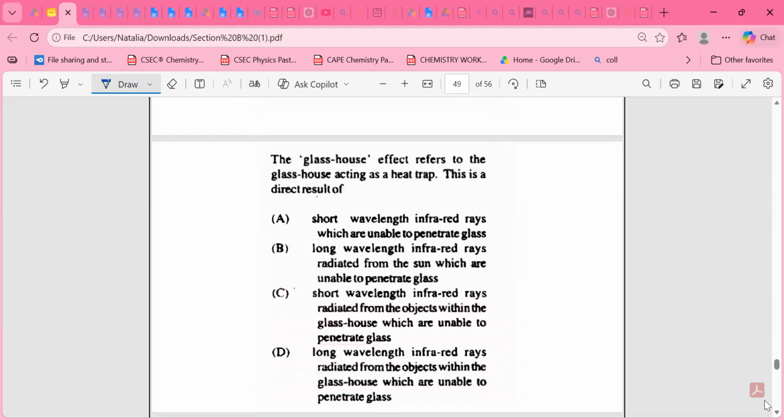What's the answer for the glasshouse effect? The glasshouse acting as a heat trap is a direct result of... BCD.